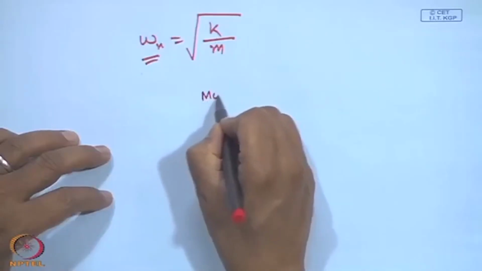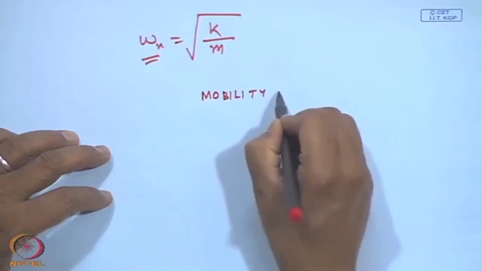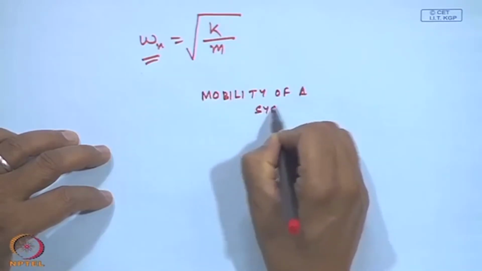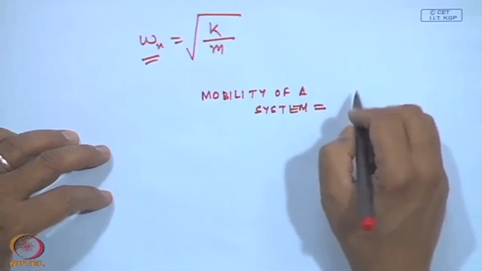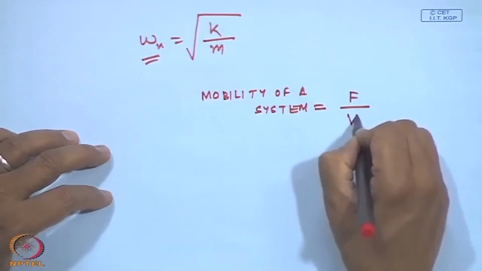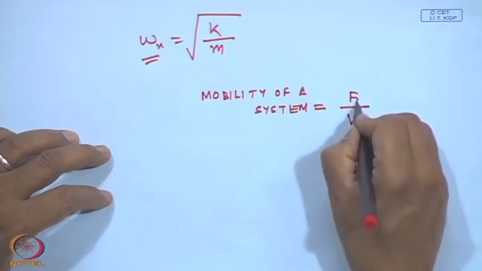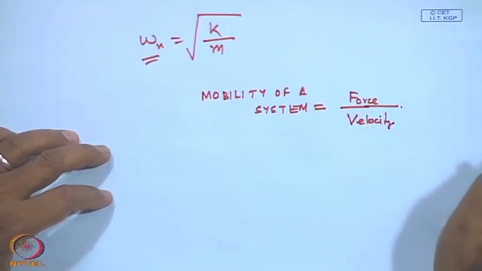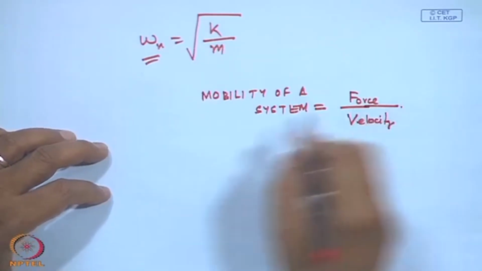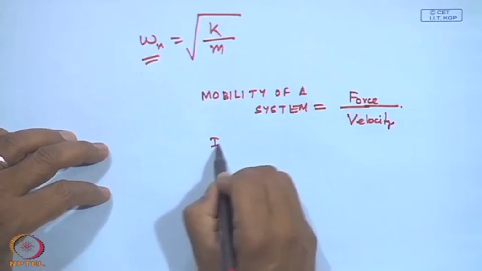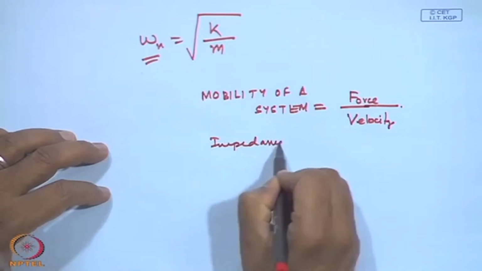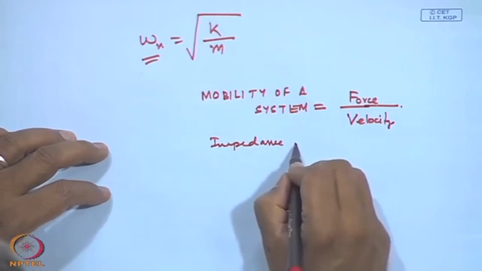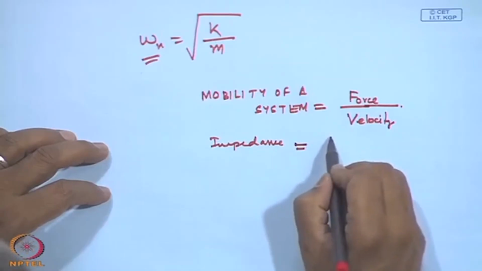The system's transfer function is going to change. If you recall, the mobility of a system is defined by velocity by force, isn't it? And then we have the impedance. Impedance is the inverse of mobility, isn't it?